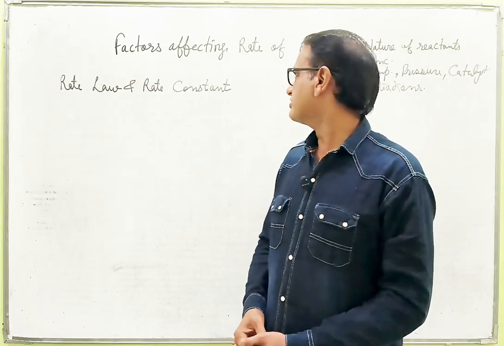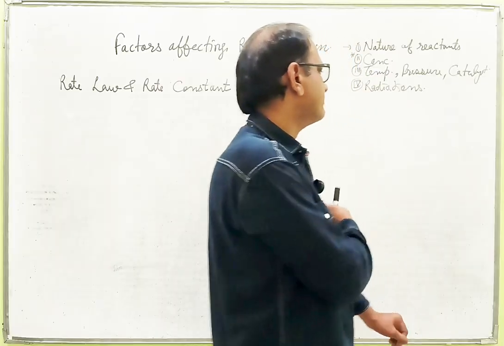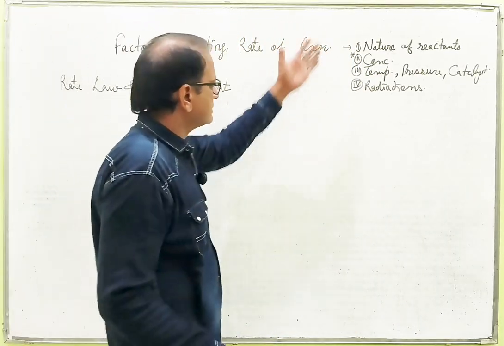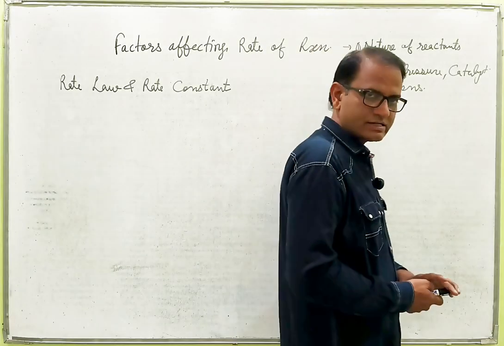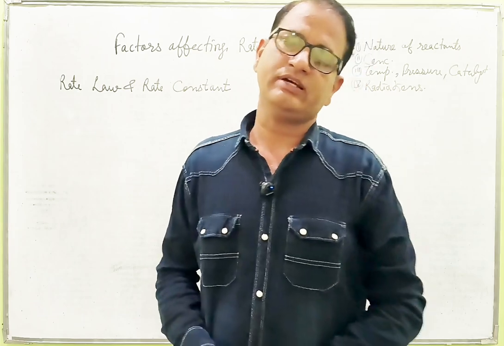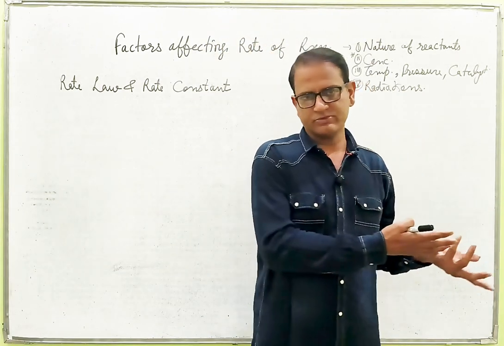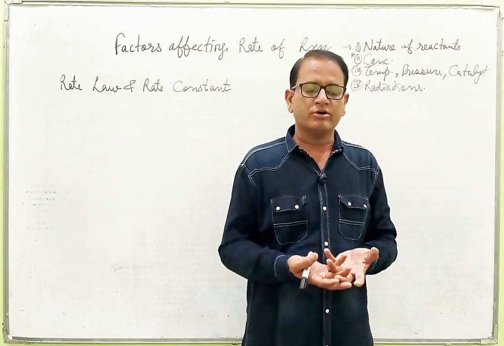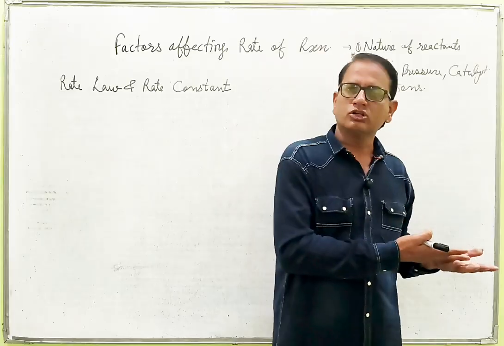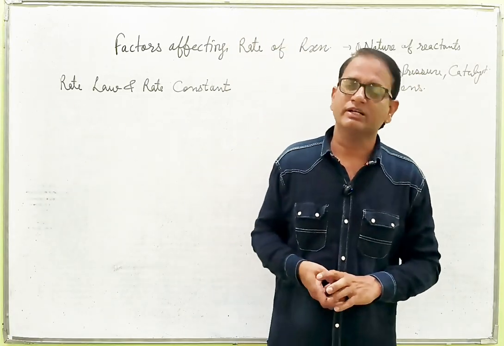So, factors affecting rate of reactions means which are the possible factors which affect the rate of a particular reaction. We can categorize like this: nature of reactant means the nature of reacting species first of all affects the rate of reactions, whether the reactants are ionic or covalent types or a mixture of both, or whether the reactants are polar or non-polar, and what is the reactivity of the reacting species.